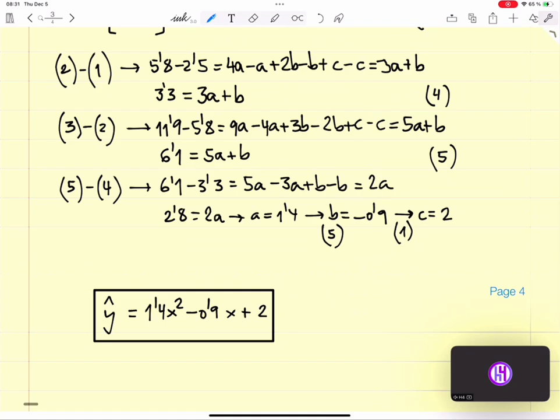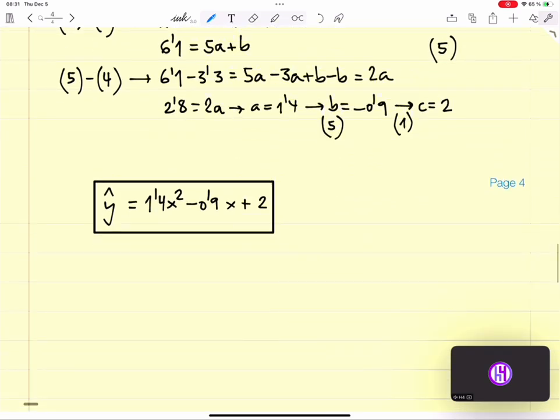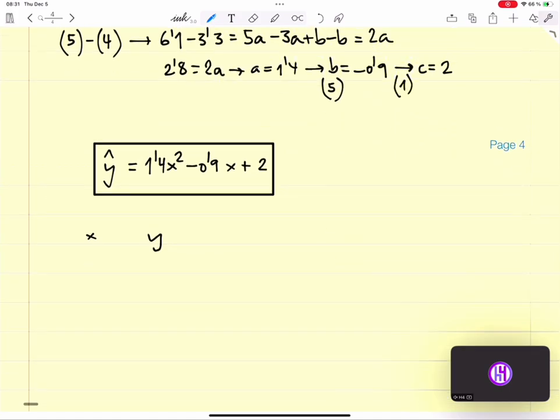Let's calculate the error. X and y, the data that we already have, then the prediction, which is y hat equals 1.4x squared minus 0.9x plus 2.